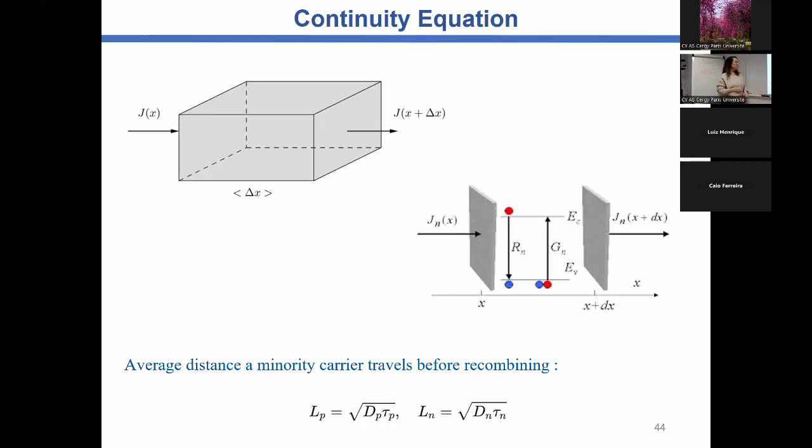It's quite interesting, but you must think that when you apply one potential, you are giving kinetic energy to the electron.